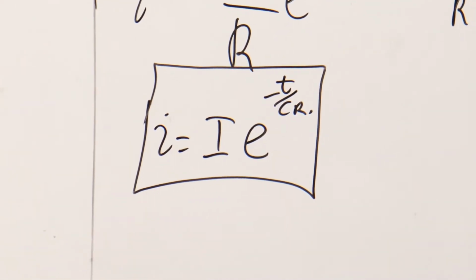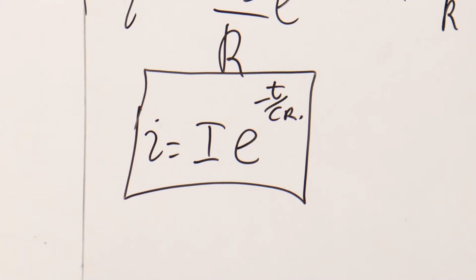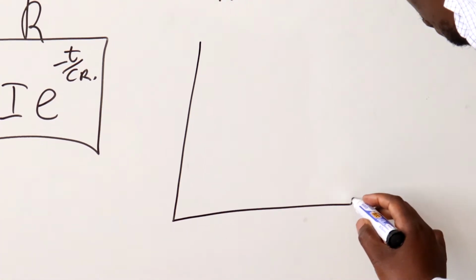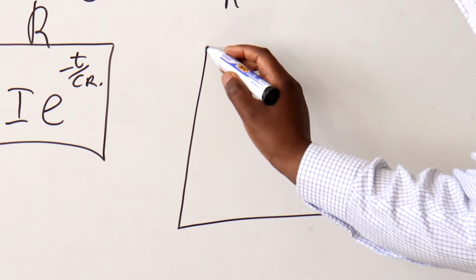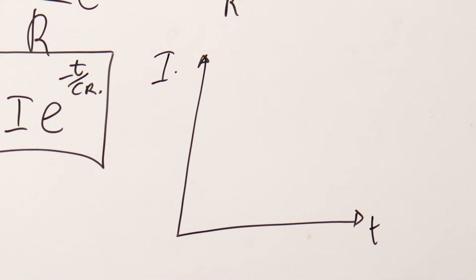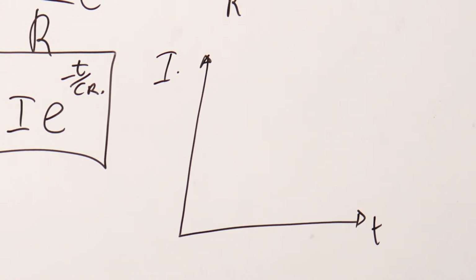Then you can also sketch that from the analysis. You also sketch the curve, where this is time and this is referred to as I. When the time is 0, what do we expect of the maximum value?